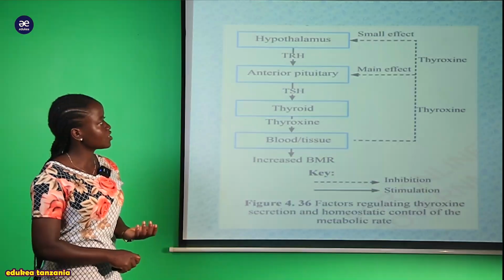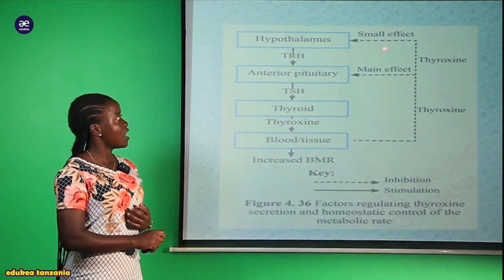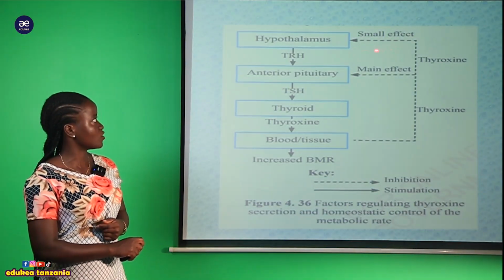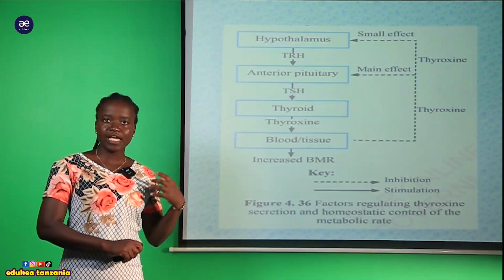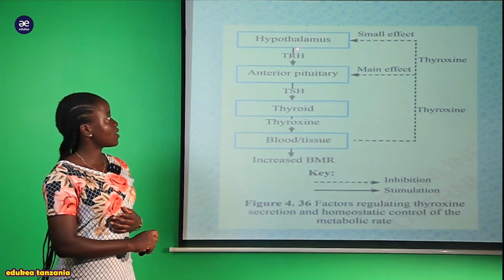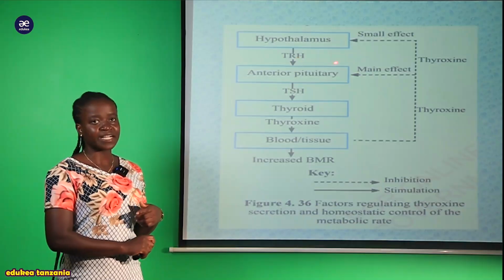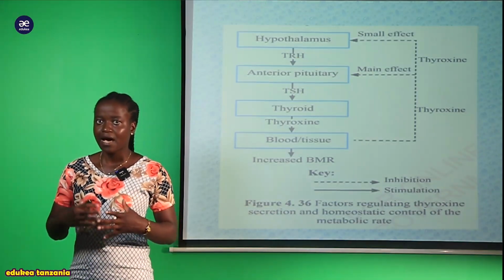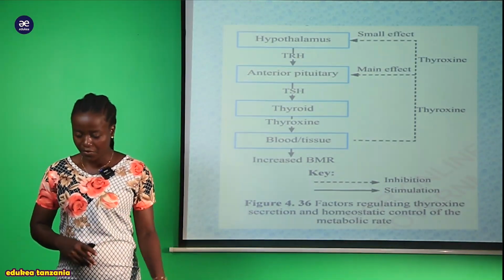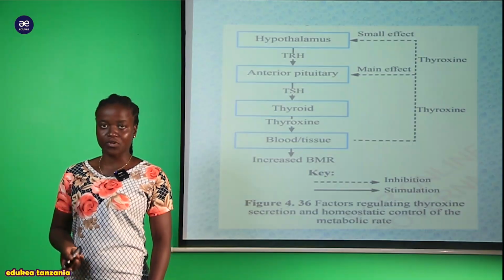This thyroxine also has a small effect on the hypothalamus, so ile hypothalamus tena haitakuwa na uwezo wa kurelease thyrotropin releasing hormone into our body. That is how we can control the release of the thyroxine hormone.